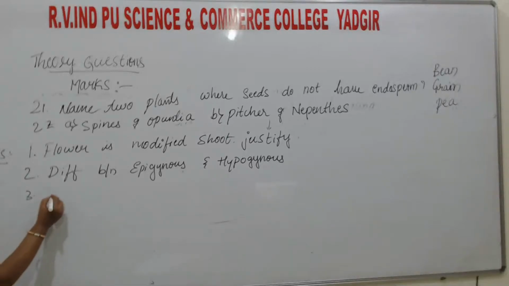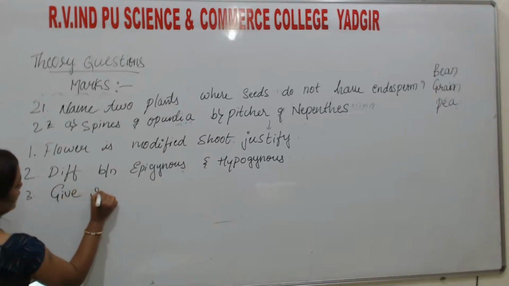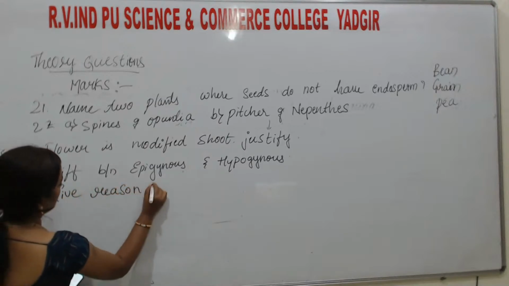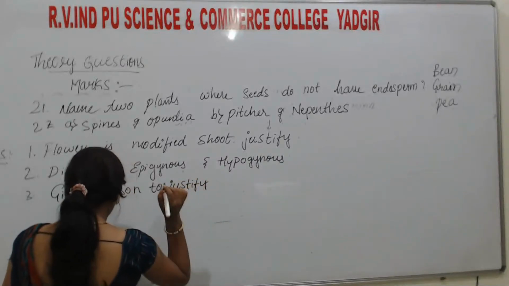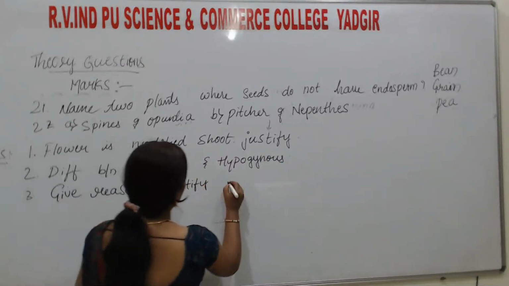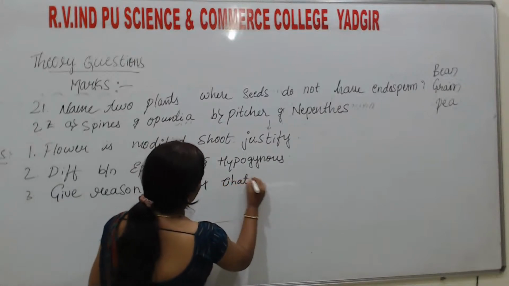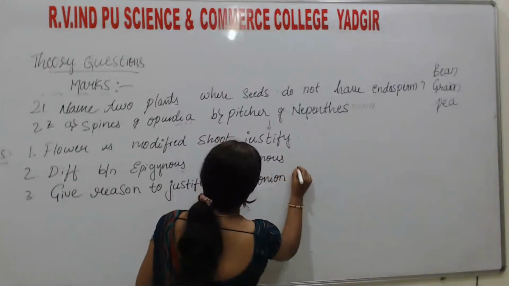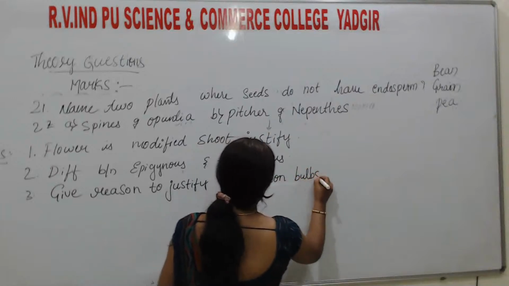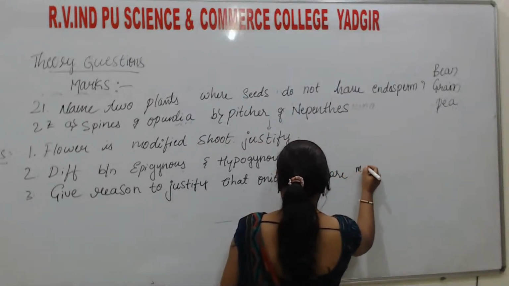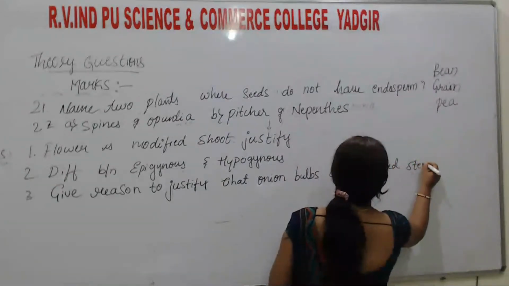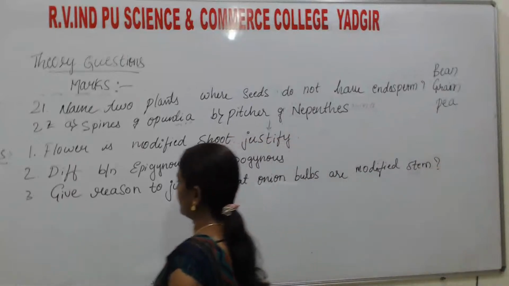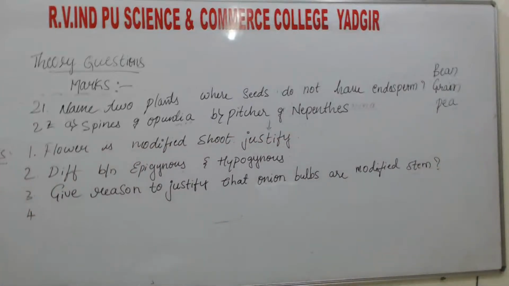Give reason to justify that onion bulbs are modified stem.